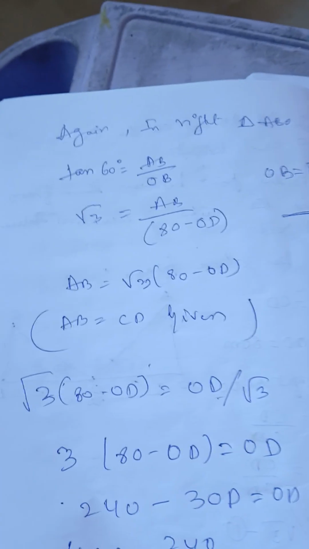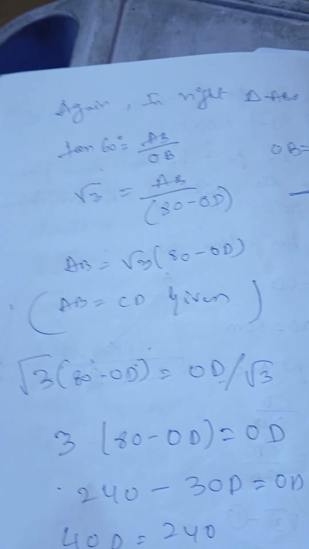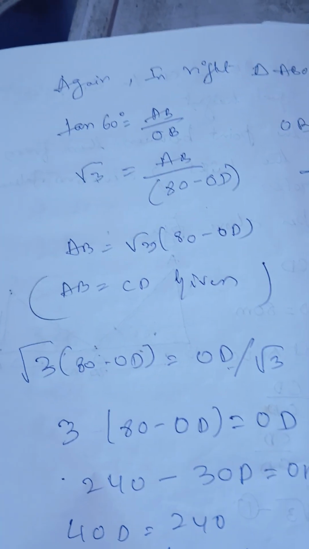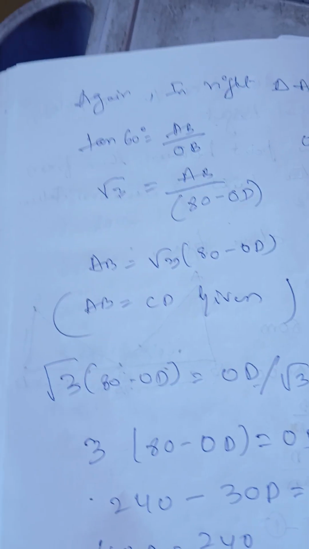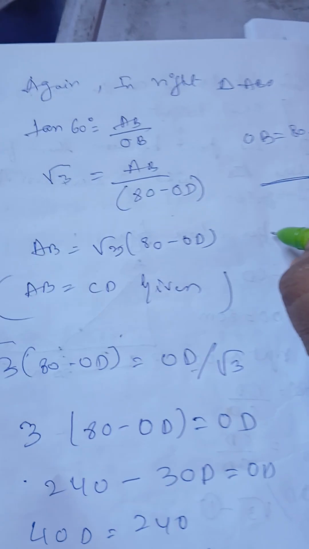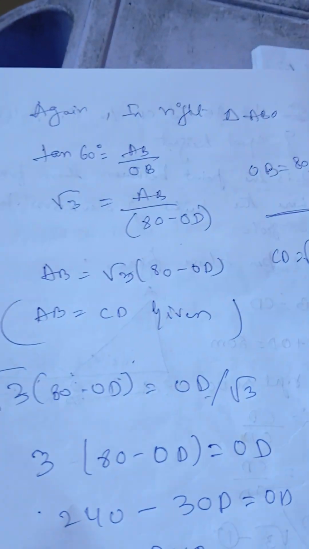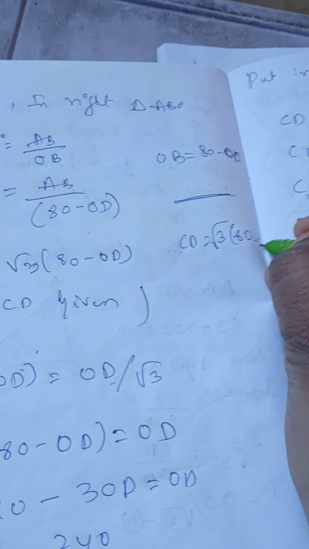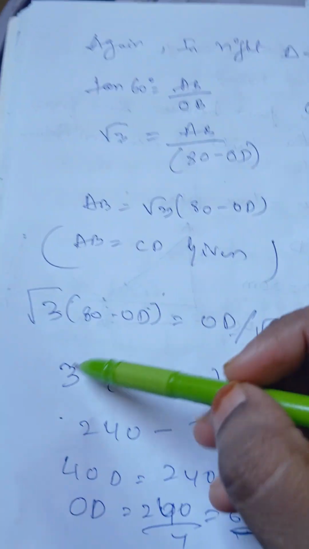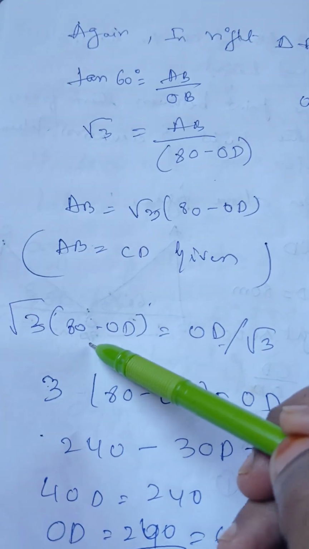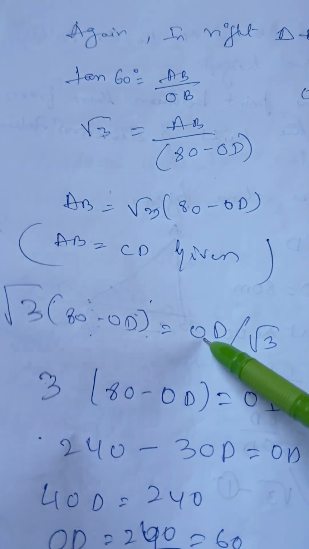So AB is equal to CD. We know that AB is equal to CD, and we know the CD value from equation 1: CD is equal to OD by root 3. So we substitute AB equals CD, and we get 1 by root 3 equals OD by root 3 into 80 minus OD.